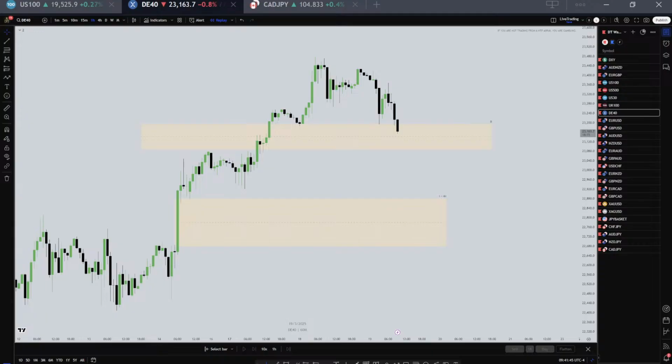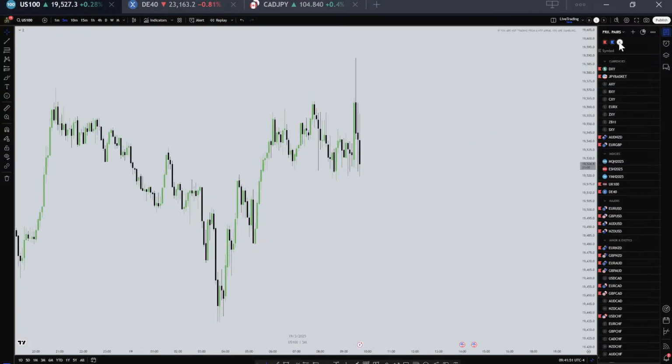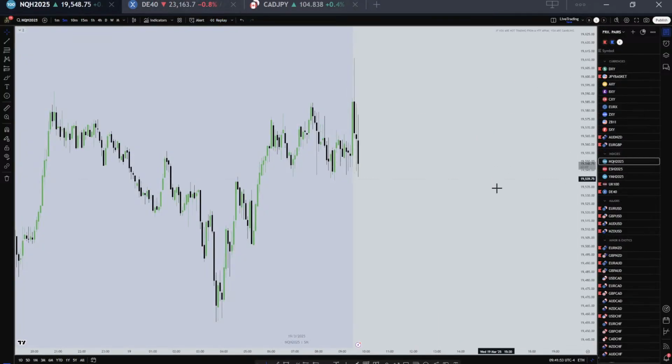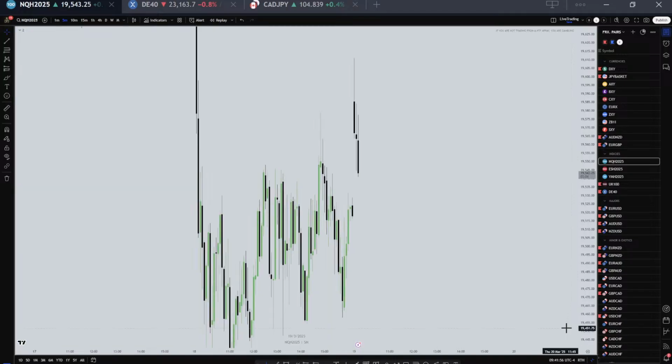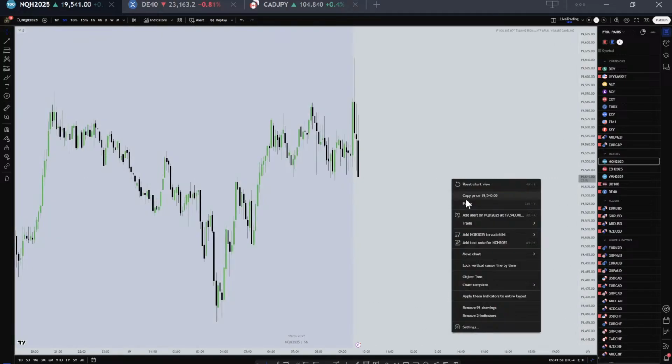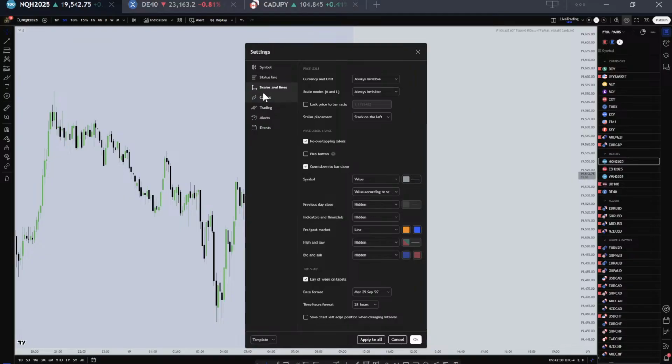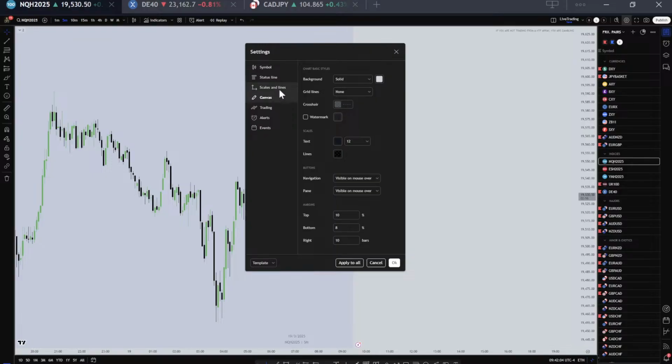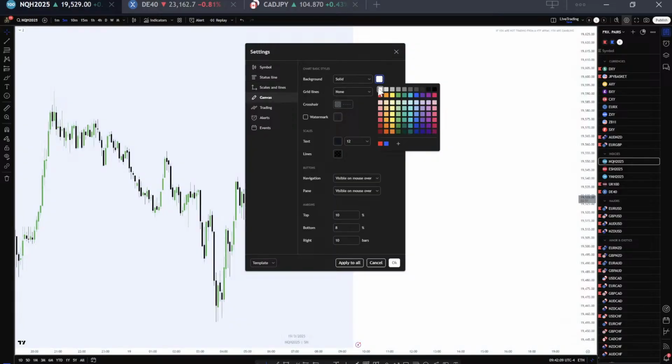Two lines, is it? But when I go to my settings, where in the settings is this? Canvas? This is my own background? Yeah.